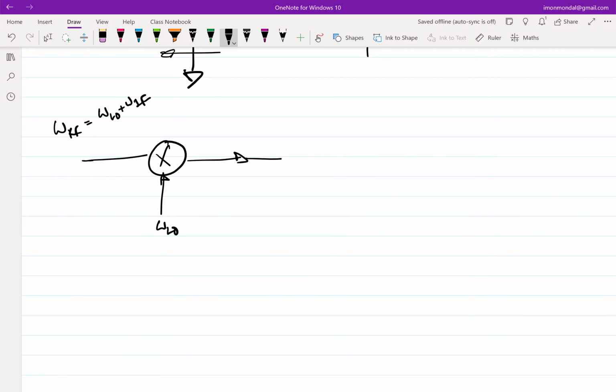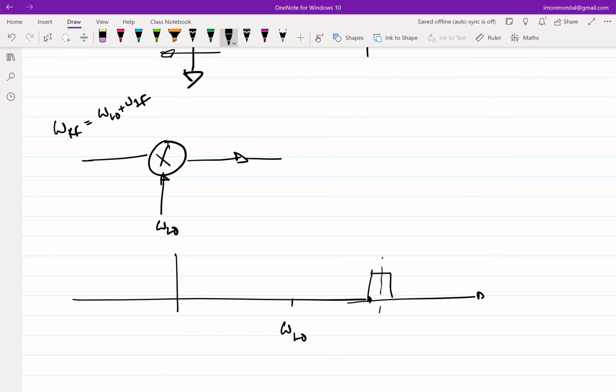So if I draw the spectrum, if this is omega LO, this is omega IF plus omega LO. And similarly, you are going to have something at omega LO minus omega IF. Let's assume this is signal.